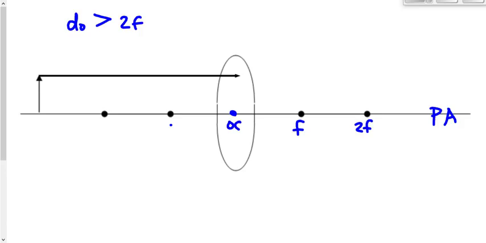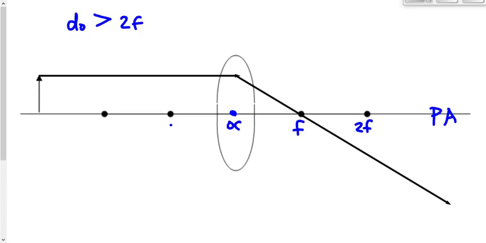So this first ray is the one that's reflected parallel to the principal axis. From there, it will refract, or bend, by Snell's law down through the focal point. Remember, all rays parallel to the principal axis will refract through the focal point.